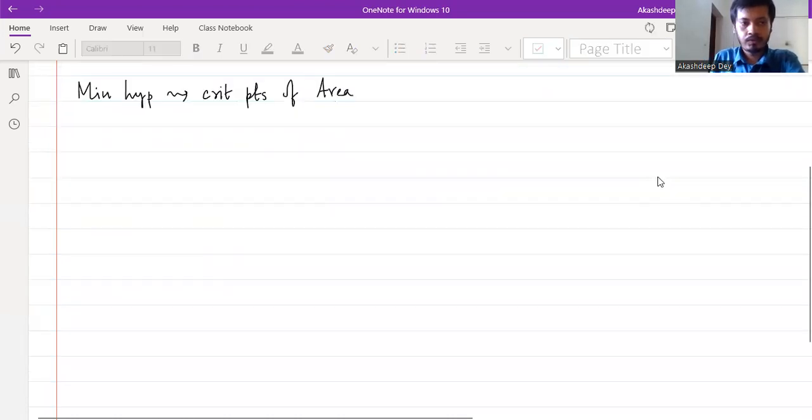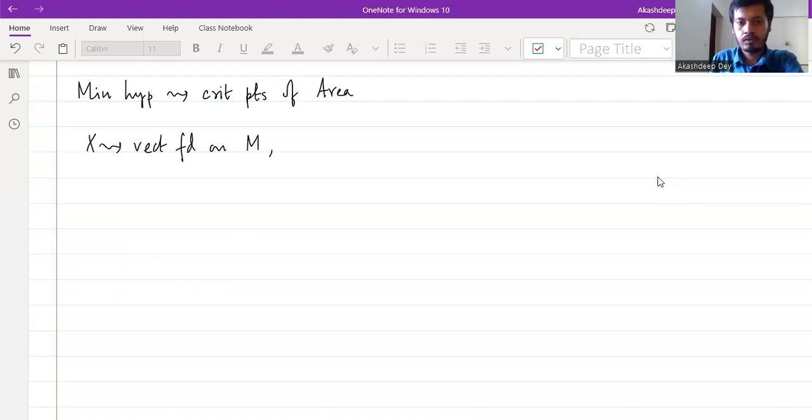More precisely, let X be a vector field on M, and F_X^t be the flow of X. Then we can consider d/dt at 0 of area of F_X^t(sigma) for some hypersurface sigma.